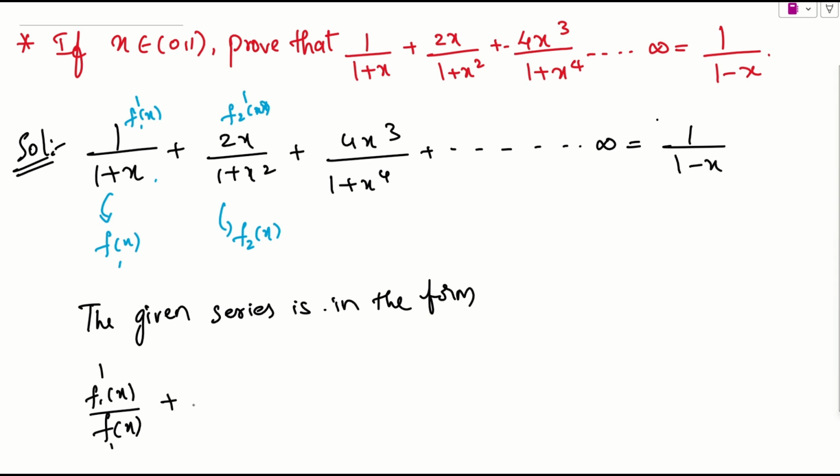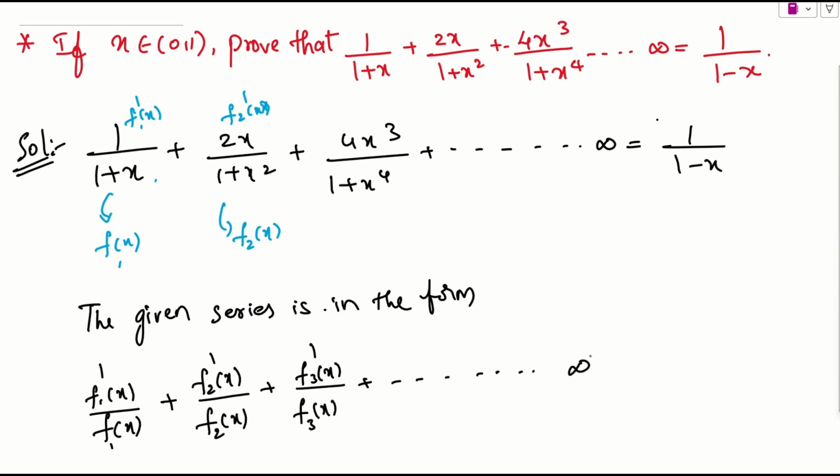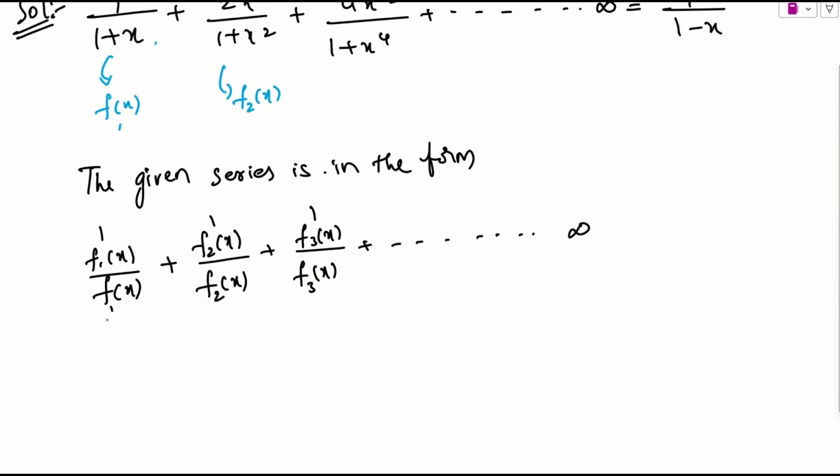If you check the denominator, it will be f2 of x, and this is its derivative, that is f2 dash of x, right? Plus if you check f3 of x, its derivative will be 4x cube. So that is f3 dash of x. Is it okay? Plus so on up to infinity. This is in the same way. Agree? So what we will do here, when we get f dash of x by f of x, it is something like a log.